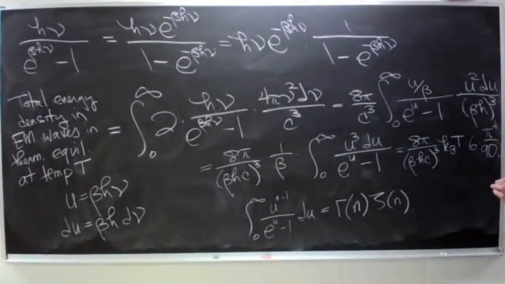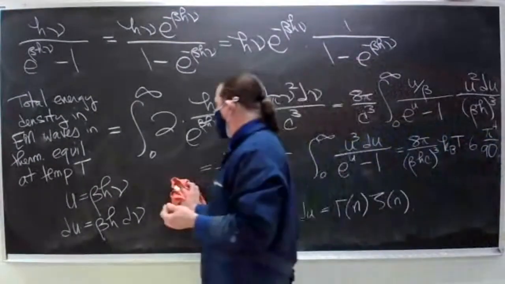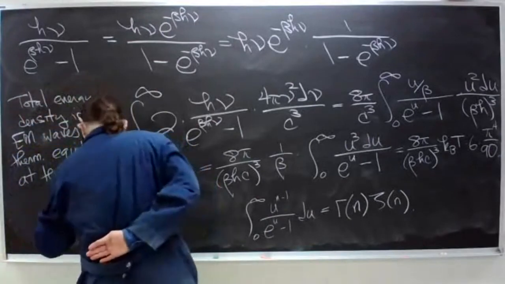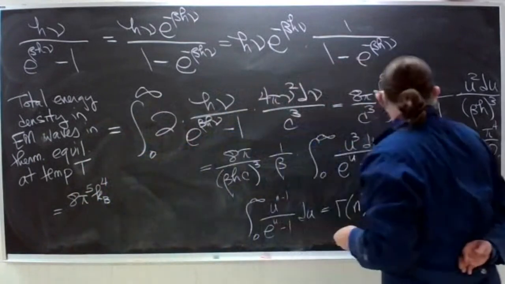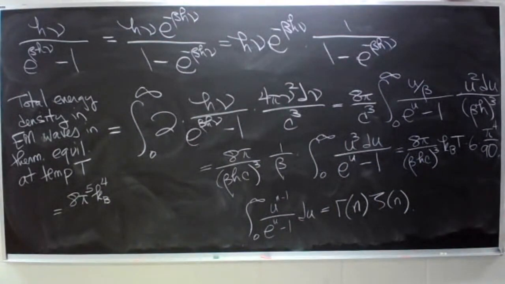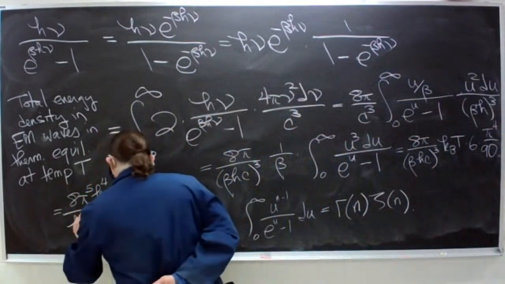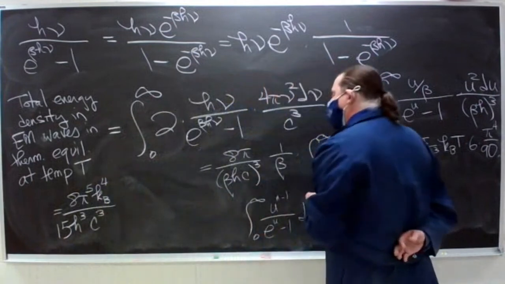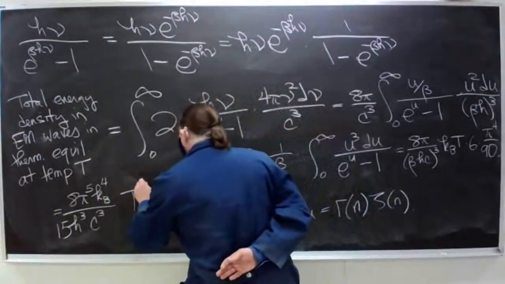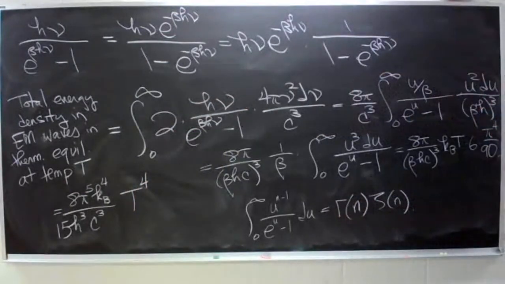And so what we end up with, when we clean it all up, is 8 pi to the 5th, k Boltzmann to the 4th, T to the 4th, divided by 15, h cubed c cubed.